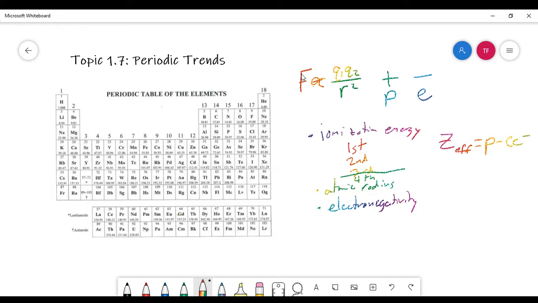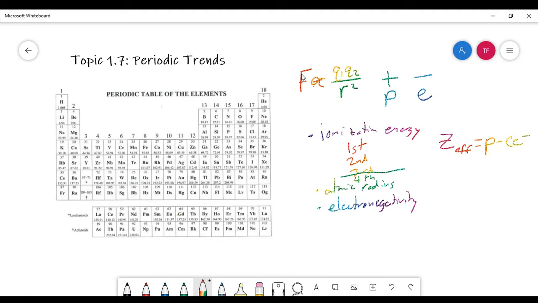So as you go across, electronegativity increases due to higher effective charge. And as you go down, because the valence shell is a larger distance from the nucleus, there is going to be less electronegativity. There's going to be less attraction for an extra electron.